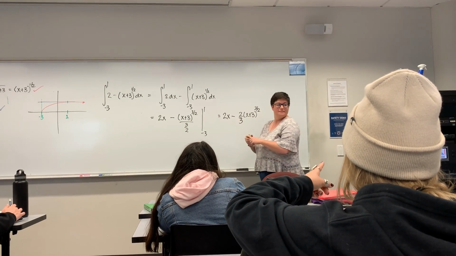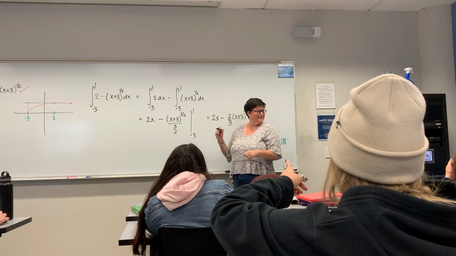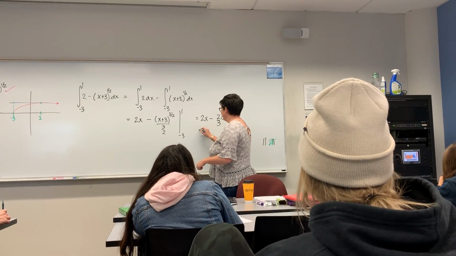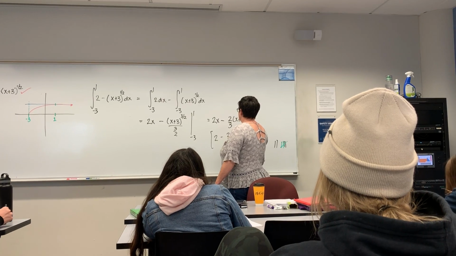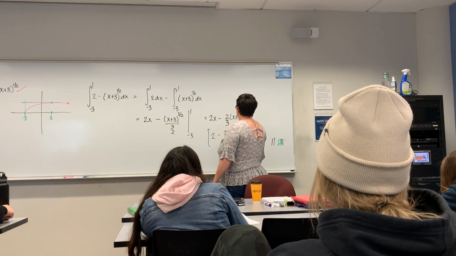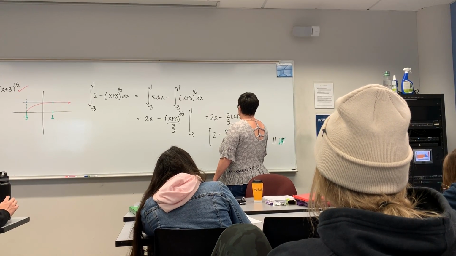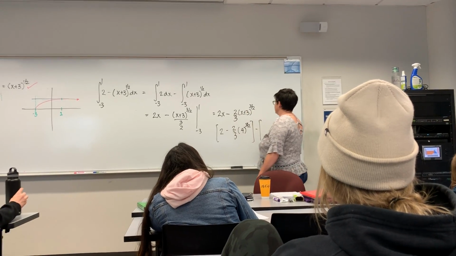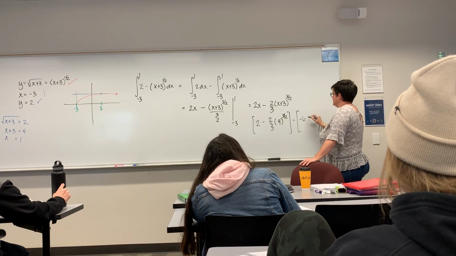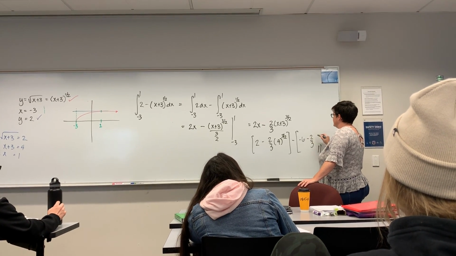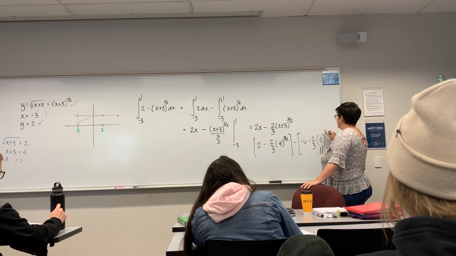Then you subtract the same thing, but with negative 3 plugged in for x. So we have basically 2 minus 2/3 times 4 to the 3 halves, minus negative 6 minus 2/3 times 0 to the 3 halves.